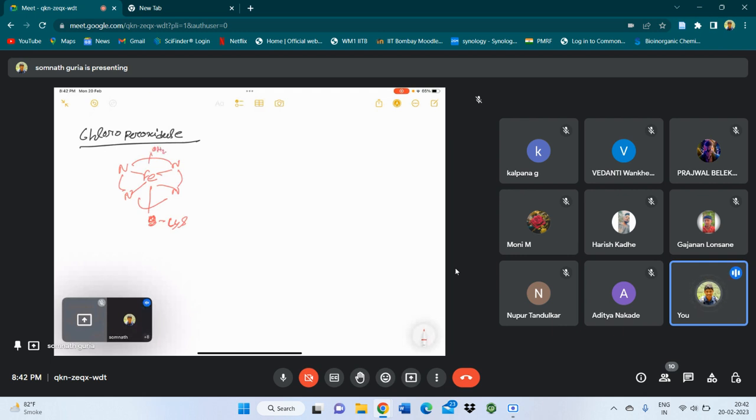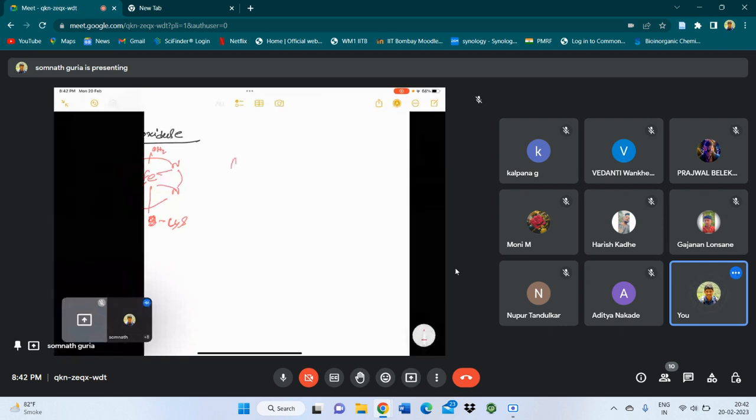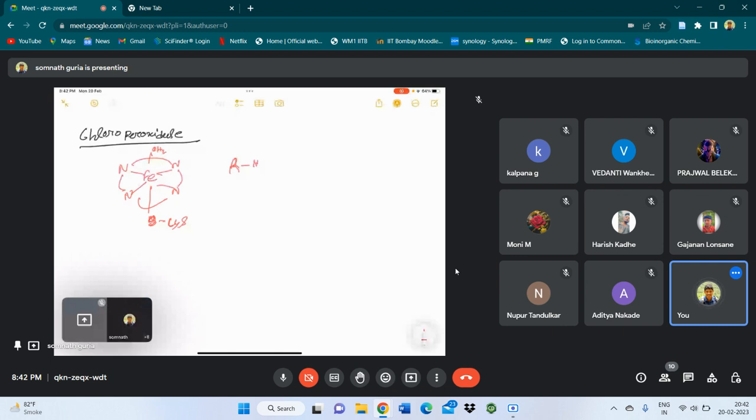It can transform the organic molecule in presence of a halide. Let's suppose RH, your organic molecule, RH plus X minus plus H plus, and in presence of H2O2, it is transformed to RX and H plus.